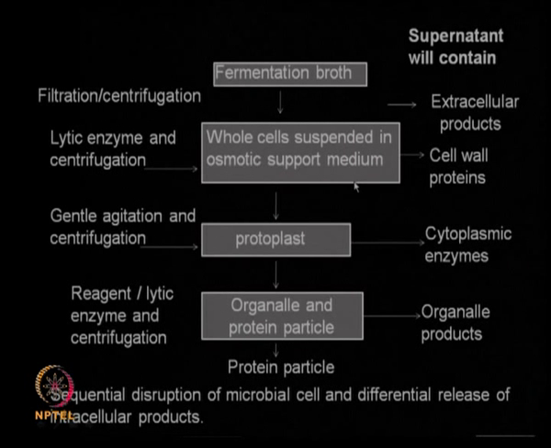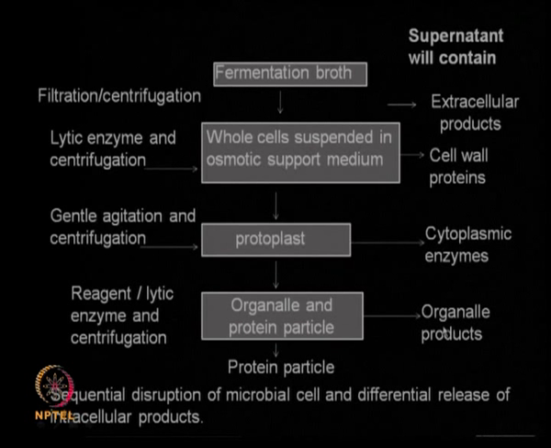So we talked quite a lot, and let me sum up the whole thing. You may have extracellular products, cell wall proteins, cytoplasmic enzymes, or organelle products. Each comes in different situations: extracellular products are easily present and immediately collected, cell wall proteins need a little bit of cell breakage, but for cytoplasmic enzymes you need to break more.